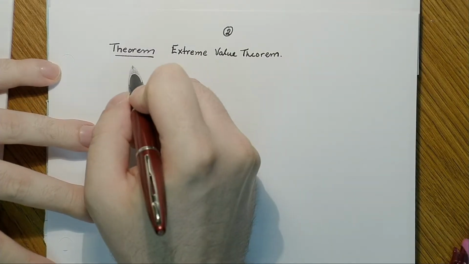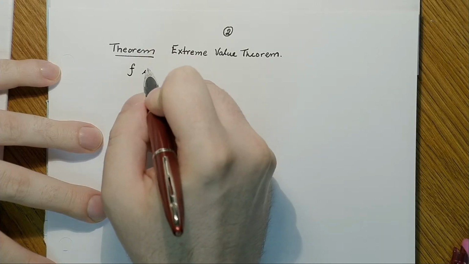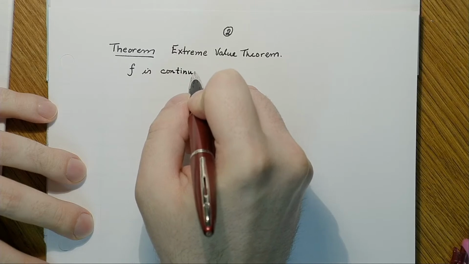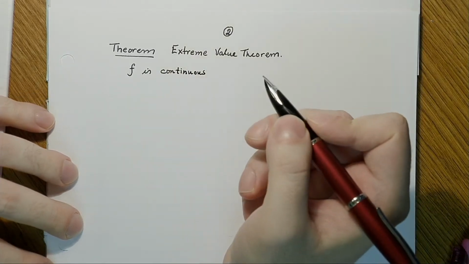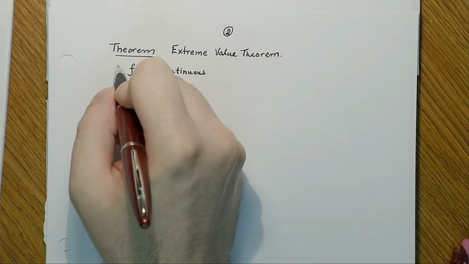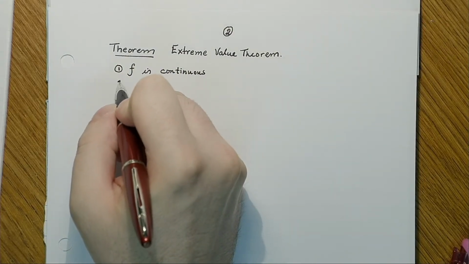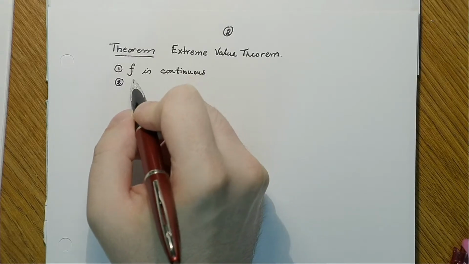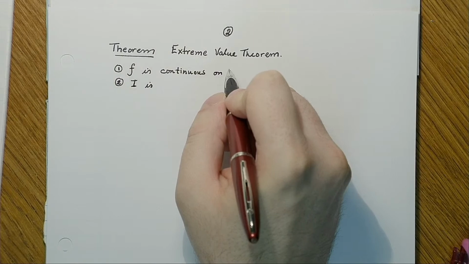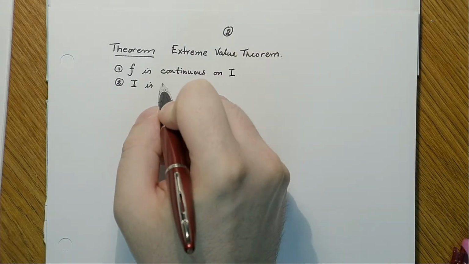And what they say is that let f be continuous. So f is continuous. Okay, so that's the first condition. And the second one is that it's on an interval, so on I, and I is a closed interval.